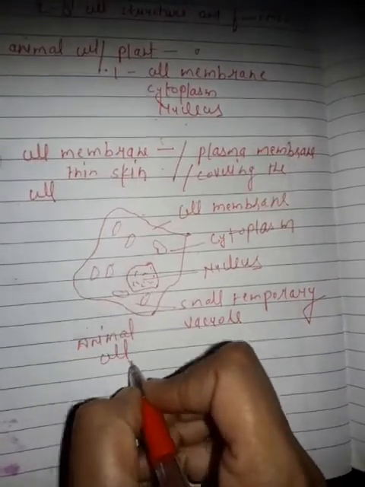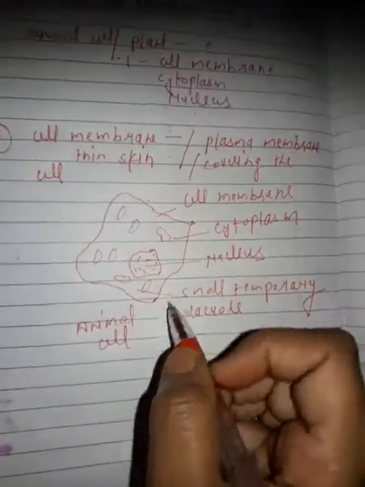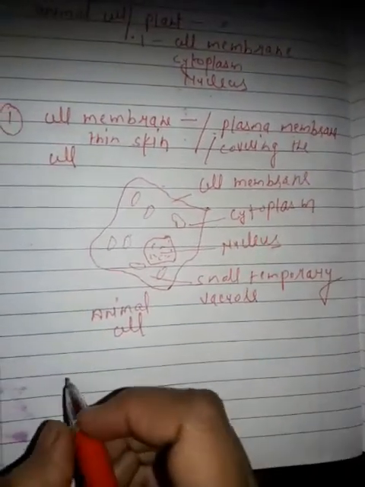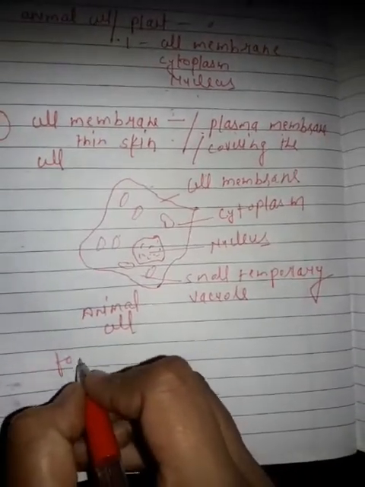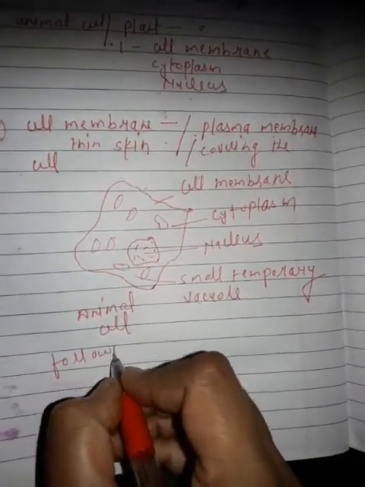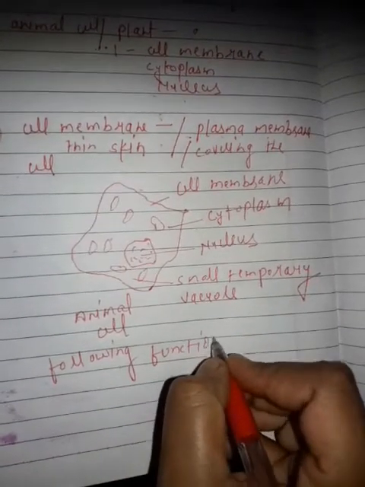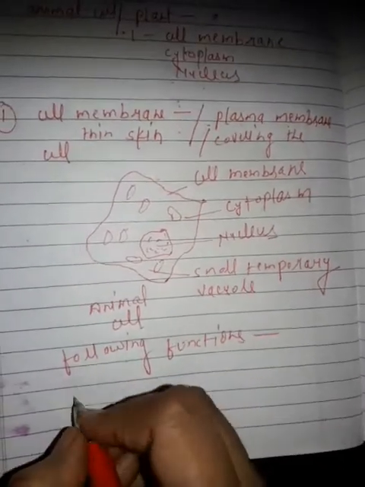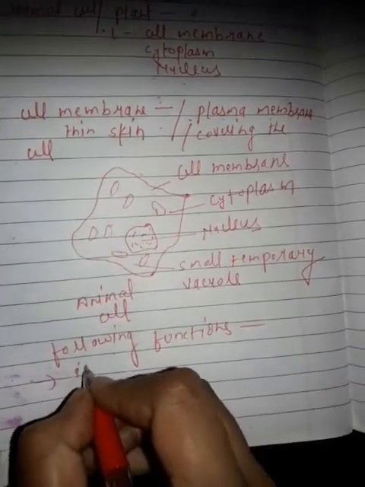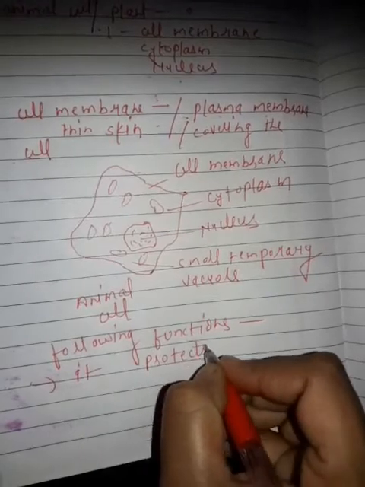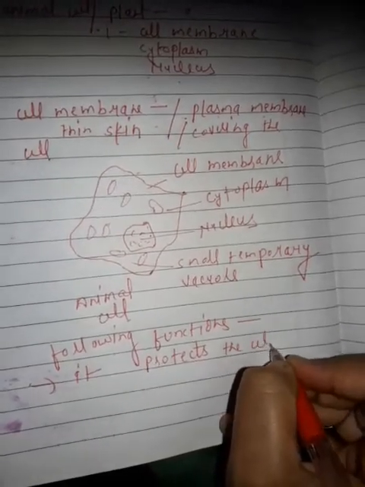The cell membrane is also called the plasma membrane, and the plasma membrane performs the following functions. First, it protects the cell.